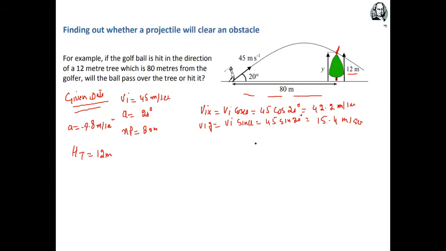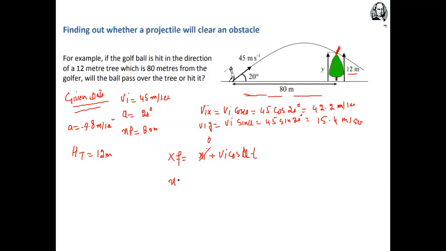So how do we find the time to reach this position? We are given xf and the velocity, so we can use the xf formula. xf is equal to xi plus Vi cos theta times t, and xi is also 0.